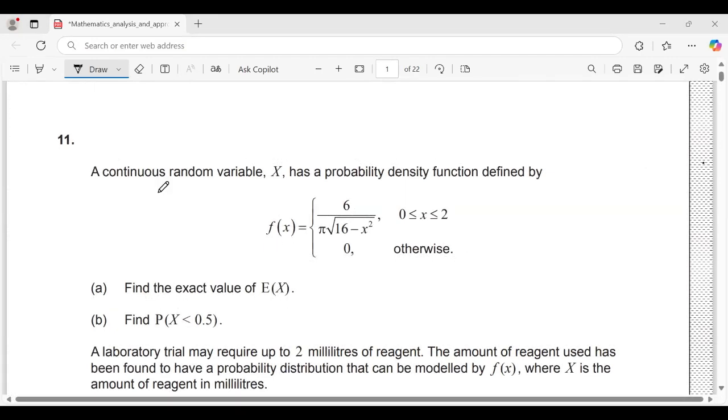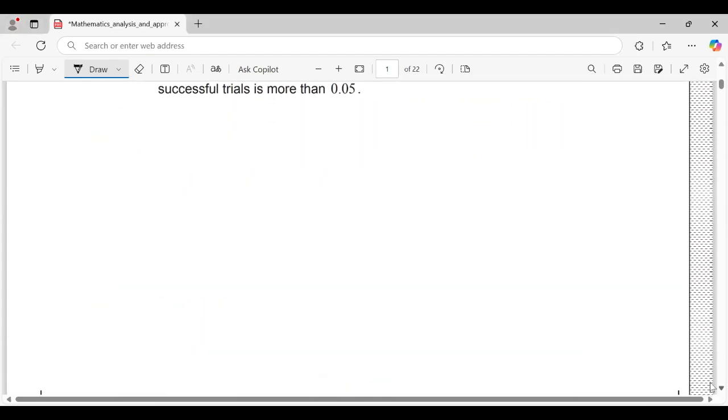Number 11. A continuous random variable x has a probability density function, PDF, defined by f(x) equal to this function. Find the exact value of expectation E(x), and find the probability x less than 0.5.